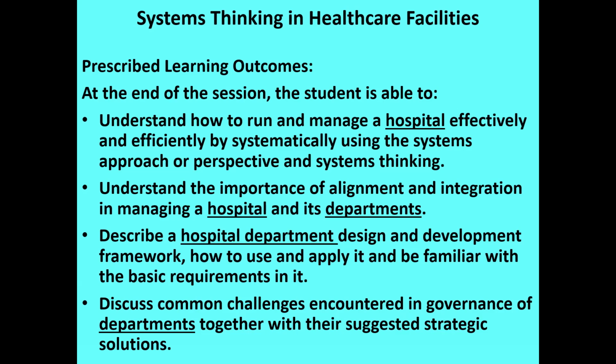Describe a hospital department design and development framework, how to use and apply it, and be familiar with the basic requirements in it. And lastly, discuss the common challenges encountered in the governance of departments together with their suggested strategic solutions.